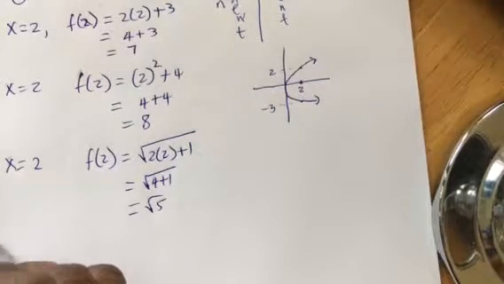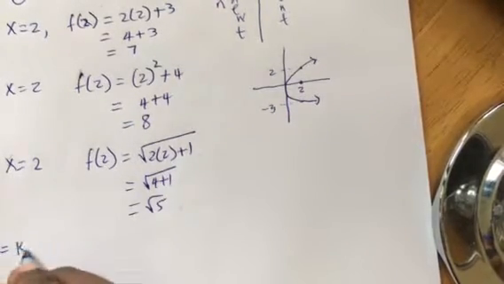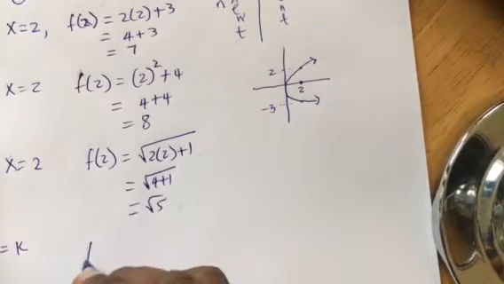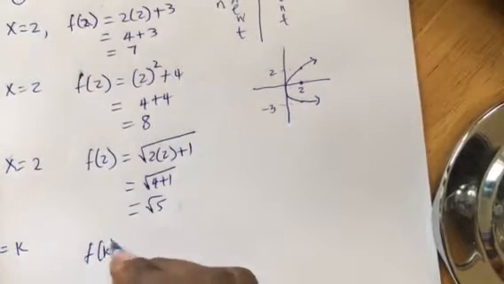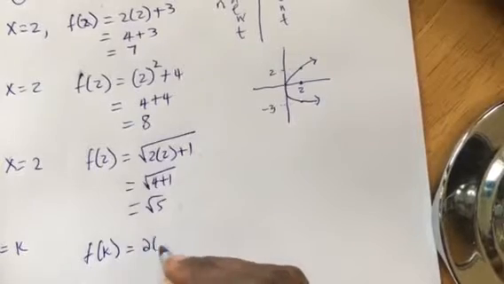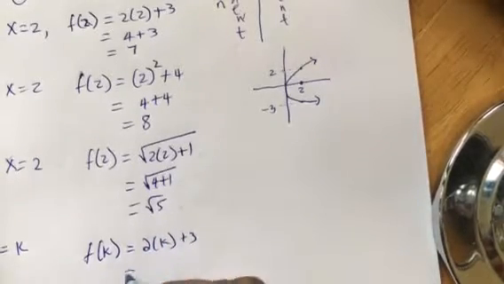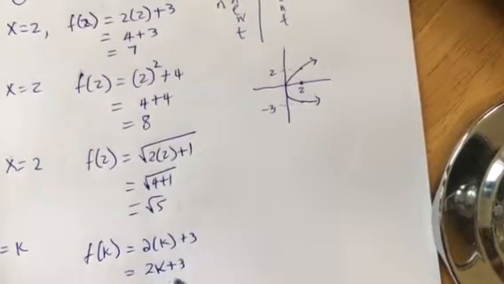Sometimes you will evaluate for a variable, let's say x equals k. So if we try it for the first one, it would be f of k equals 2 times k plus 3, which equals 2k plus 3.